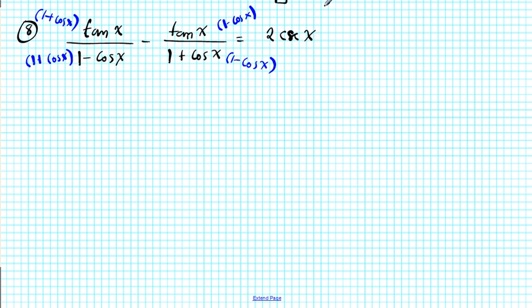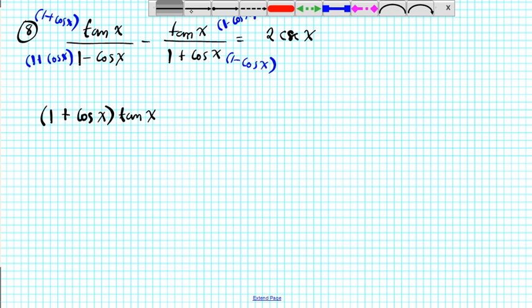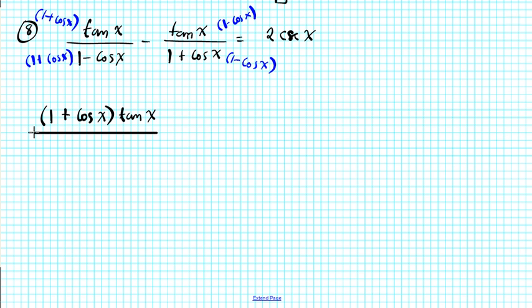Alright, so what I'm going to do, you know what, I can skip steps, but I'm going to write down every single step so that you guys can really understand what's going on, okay? So if this is too slow for you, pardon me. Okay, so 1 plus cosine x times tan x divided by 1 plus cosine x times 1 minus cosine x.